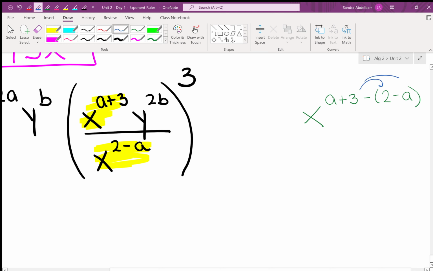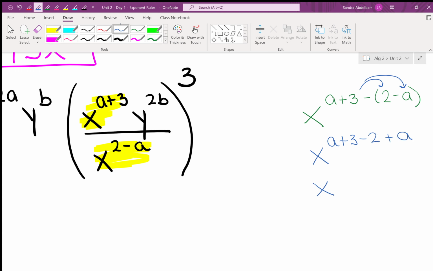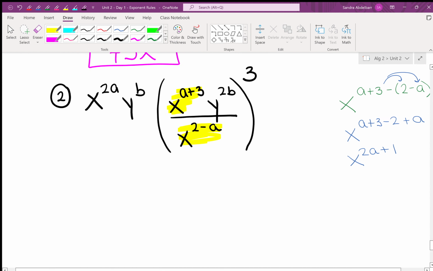Distribute in that negative. So it's going to be x to the a plus 3 minus 2 plus a, which is going to give us x to the 2a plus 1. Where is that going? In the numerator. Very good. So here, no more fraction left.